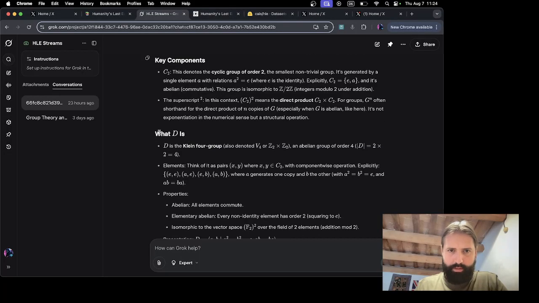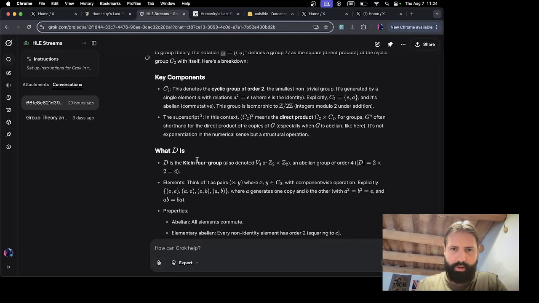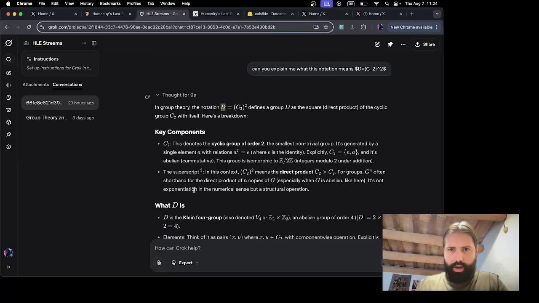I think that's not valid, because in this case we're just defining D, so it's not D. What does it mean? What's the interpretation of the direct product of two groups?